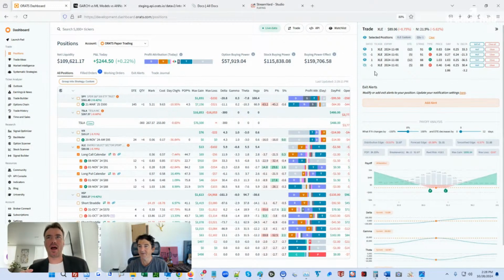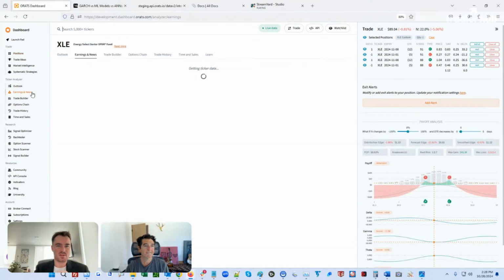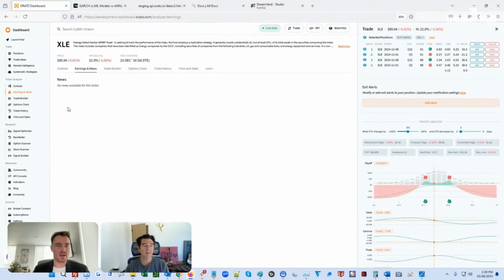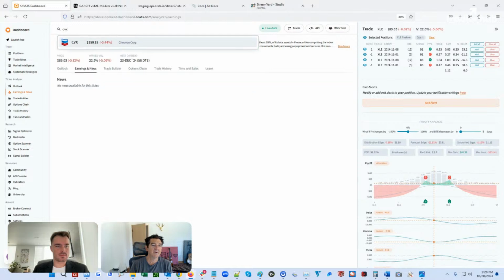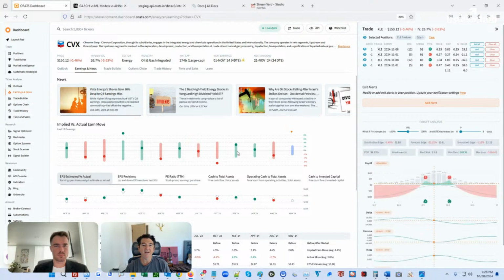I want to point out, I found something kind of analogous to the history of implied moves. If you go to the earnings and news tab, that's what's most similar to the chart that you're showing for the election. Obviously there's no news or election in there, but if you look at CVX, Chevron, these are the past earnings moves, and you could tell that this was a wide earnings move, and for Chevron, these however many times they've finished outside of the move.